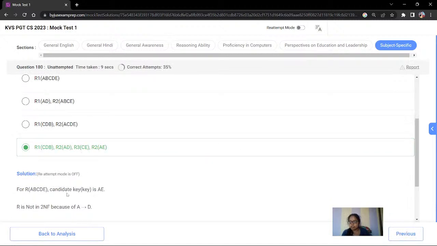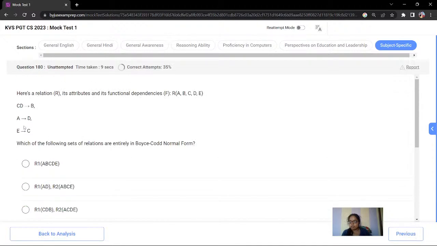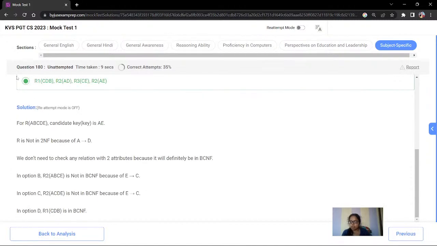Candidate key you have to find first. Candidate key is AE. From here the candidate key is ADEC. So by using AE you can get all the attributes. So now which of the following is Boyce-Codd normal form? So R is not in 2NF because AD is there, partial dependency is there.